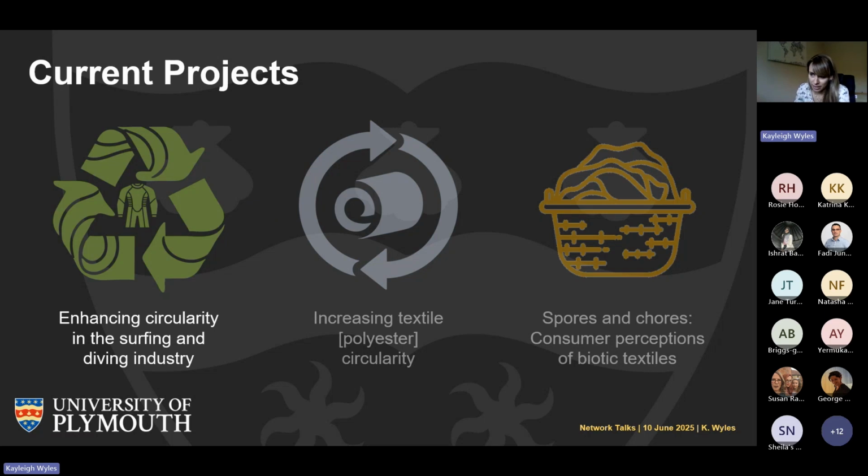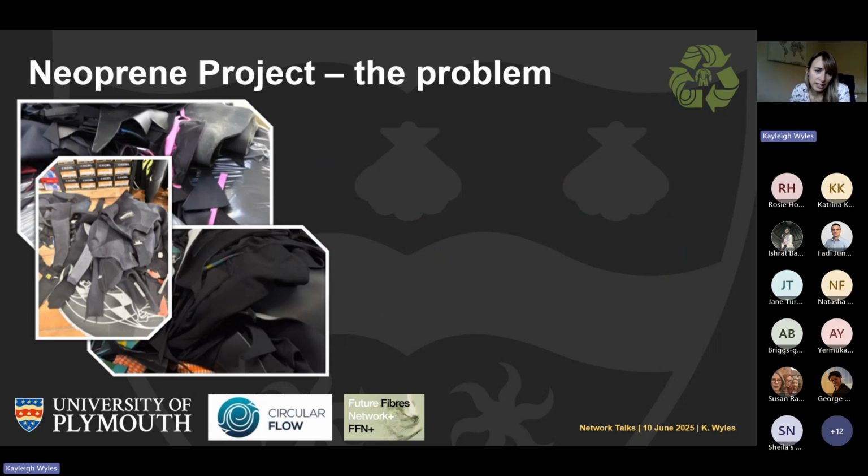So first, enhancing circularity in the surfing and diving industry. Well, the problem here is that when it comes to surfing and other water sports, there is a big need for neoprene and wetsuits.